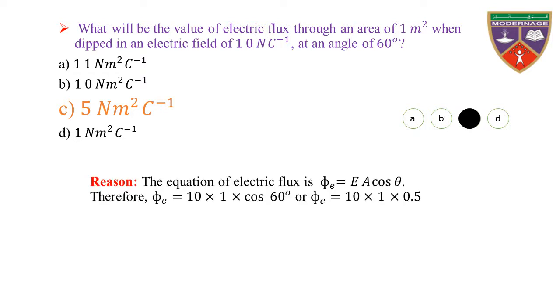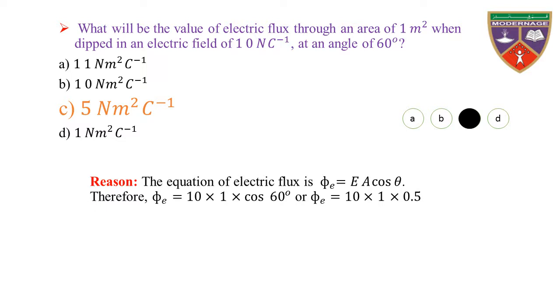The reason: the equation of electric flux is phi equal to EA cos theta. Therefore, phi is equal to 10 into 1 into cos 60, because E is equal to 10 Newton per coulomb, A is equal to 1 square meter, and theta is 60 degree.